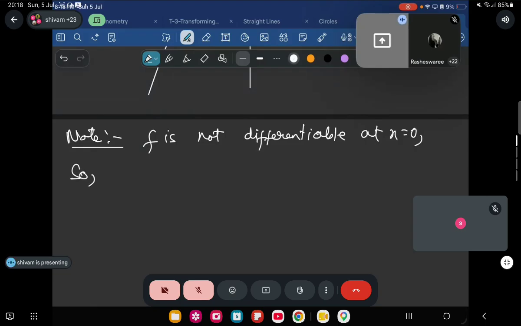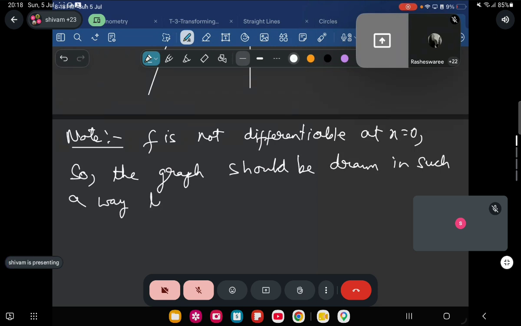So the graph should be drawn in such a way that it is getting a vertical tangent.